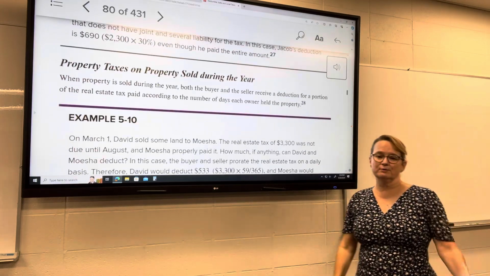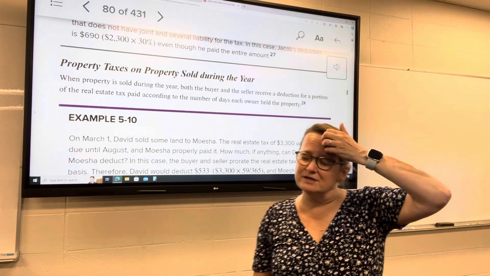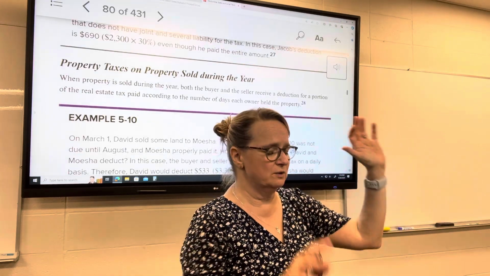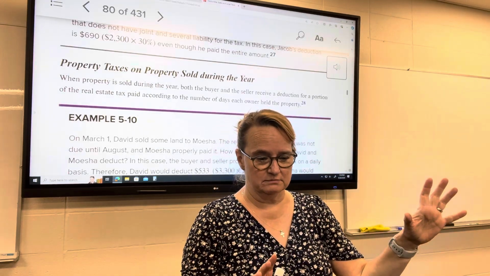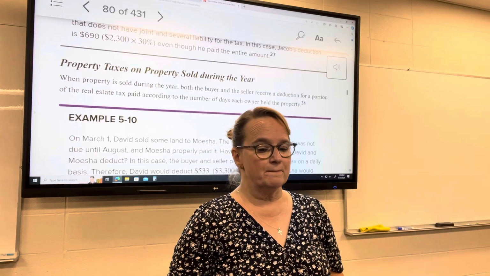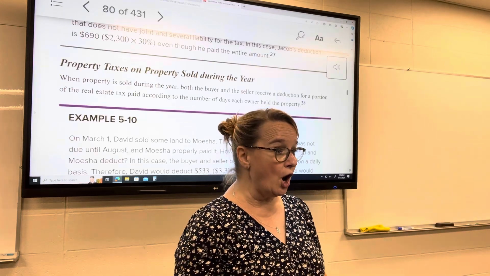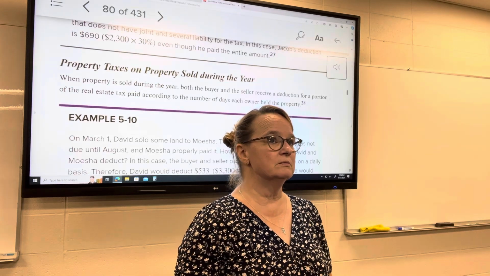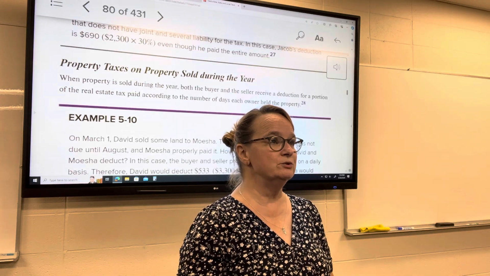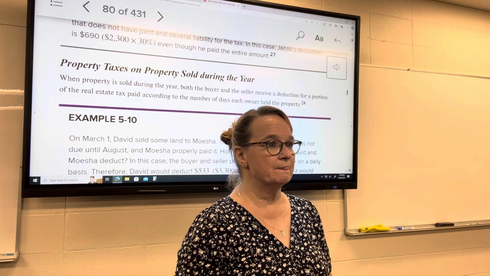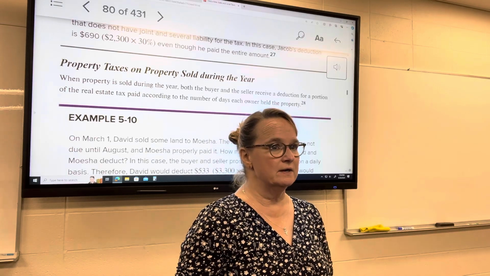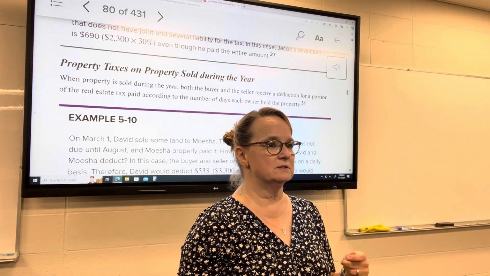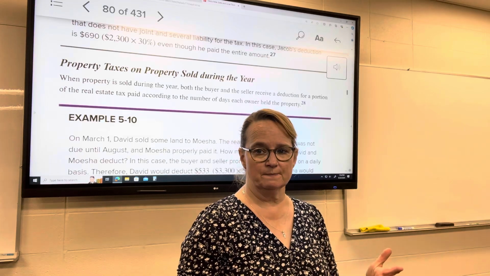There could be some tricky parts when you sell property during the year. And here we're talking about real estate taxes. So because you have to both own and pay the tax, when you sell a piece of property, in Iowa, property taxes are always assessed in arrears.